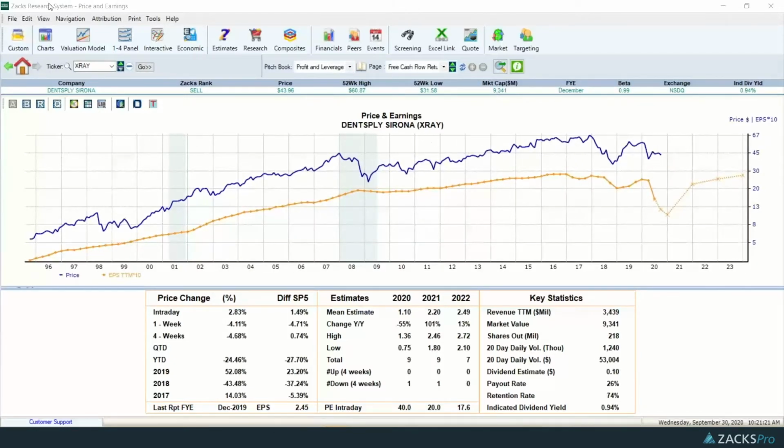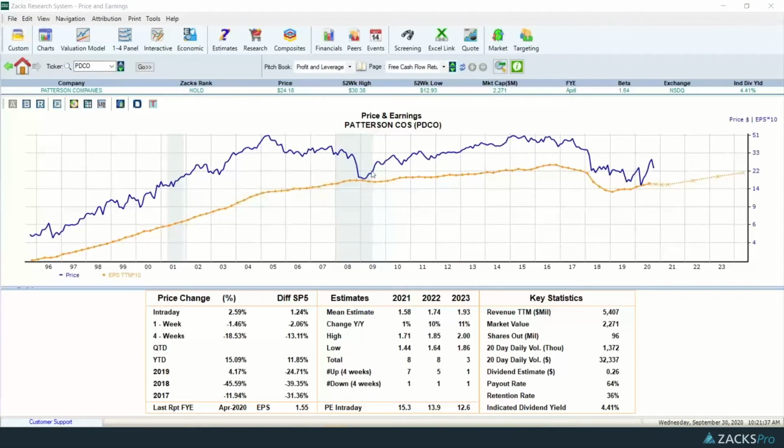Dentsply, this again was the dental supply company. Another one that we removed back in March, just to show you how these two companies mirror one another. This dental supply group of companies was just earning certain caliber for years. And Patterson Companies was another one. It's very, very similar what happened to them as well. They were just earning certain caliber for years, and then we hit this slump.